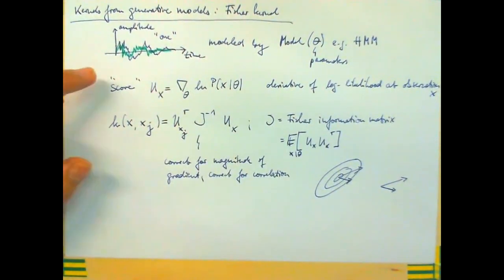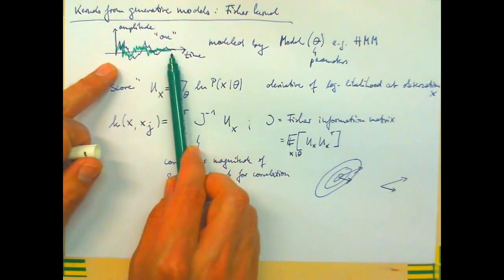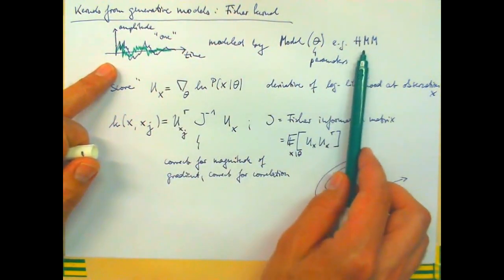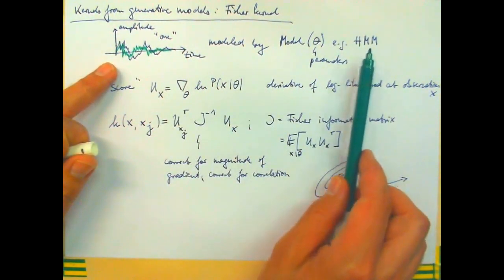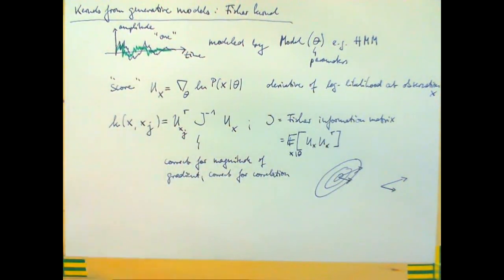Now, these may be hundreds of samples, but my hidden Markov model has only, let's say, tens of parameters. And these different observations favor different optimum settings for the parameters. So in that sense, they pull the parameter vector in different directions.